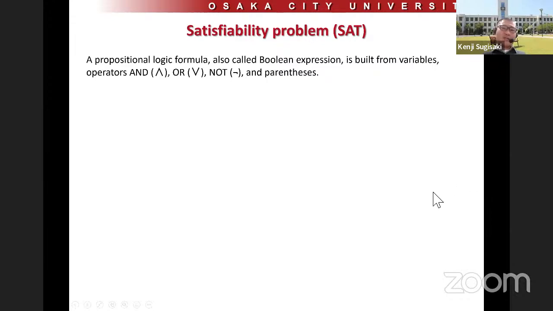I would also like to introduce the satisfiability problem, SAT. The satisfiability problem, or SAT, is a propositional logic formula, also called a Boolean function expression. It's built from the variables, operators and, or, and not, and parentheses.